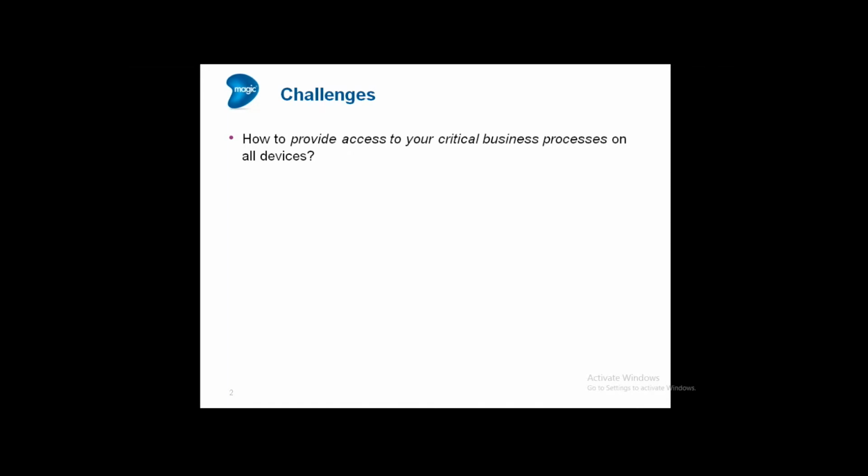The first one would be, how do you provide access to your critical business processes on all devices? At the moment we have this list of devices, and when we say create a mobile app, how do we cover all those devices? This is the first challenge.